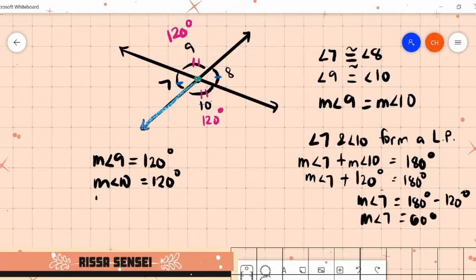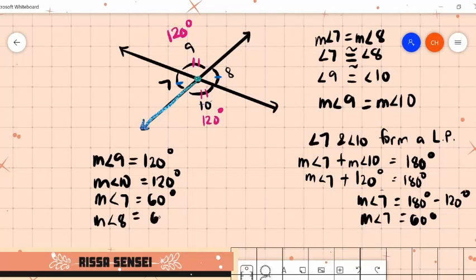Therefore, the measure of angle 7 is 60 degrees. Alam natin that congruent si angle 7 to angle 8, pwede nating masabi na angle 7 is equal to angle 8. So, ibig sabihin, angle 8 is also 60 degrees.